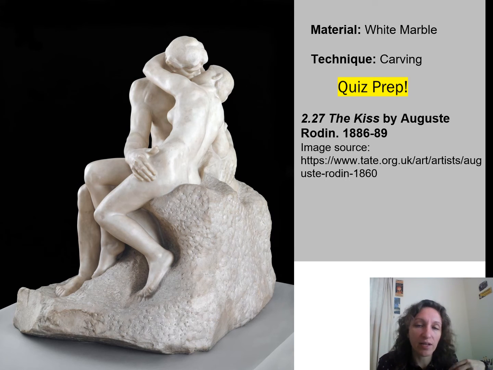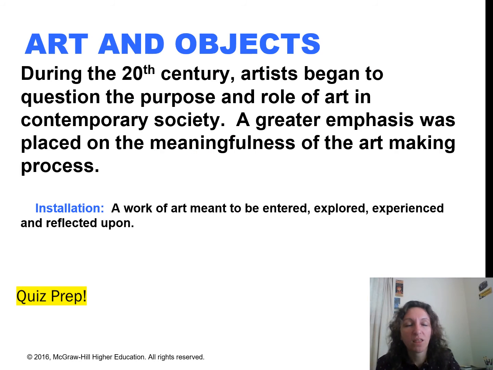But let's talk about installation now. Installation is a little bit newer in art history. This is putting an emphasis on the location in which art is made or set up, and how that location can bring meaningfulness and more content to the artwork.